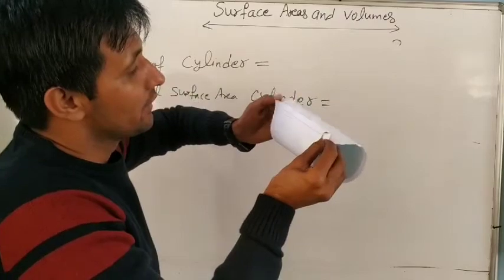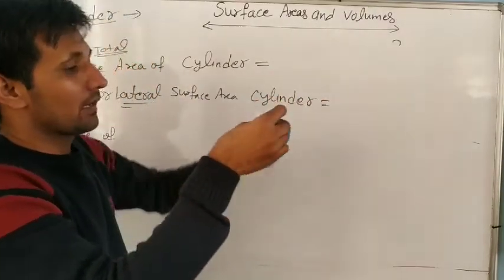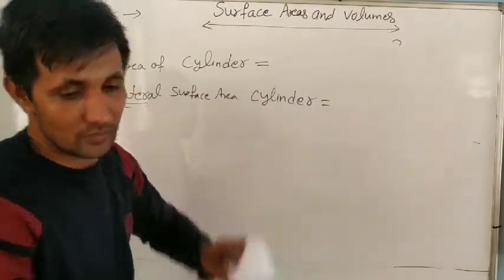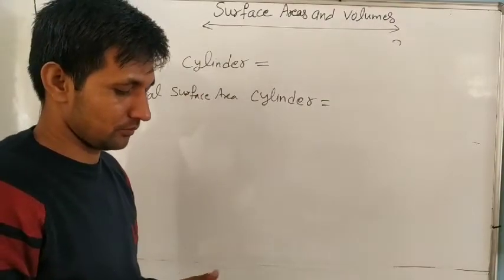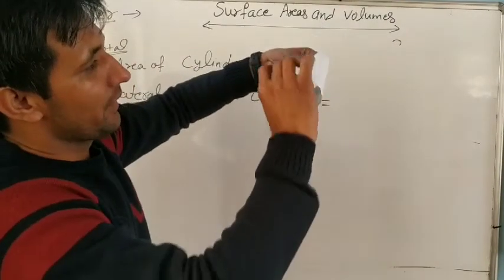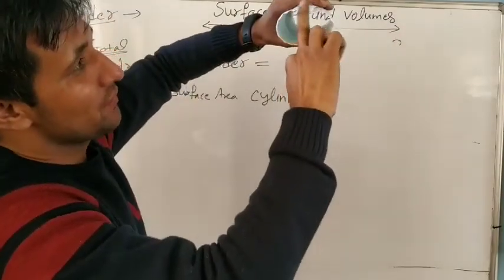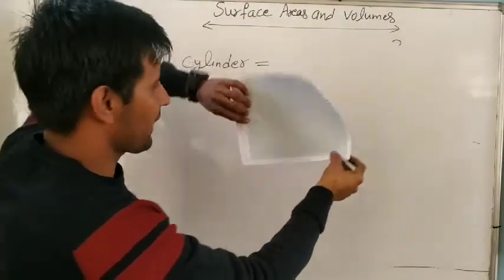Look at the circumference of the circle. The circumference of this circle, when we cut, becomes the length of the rectangle.